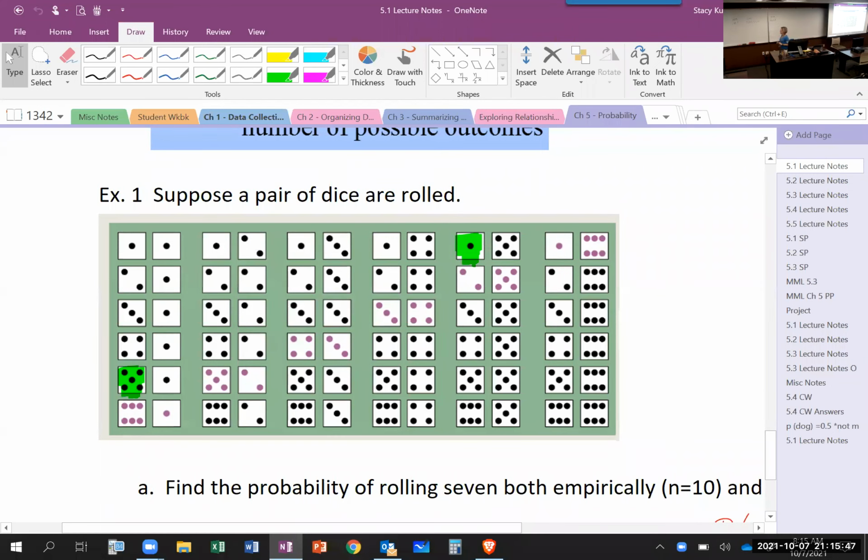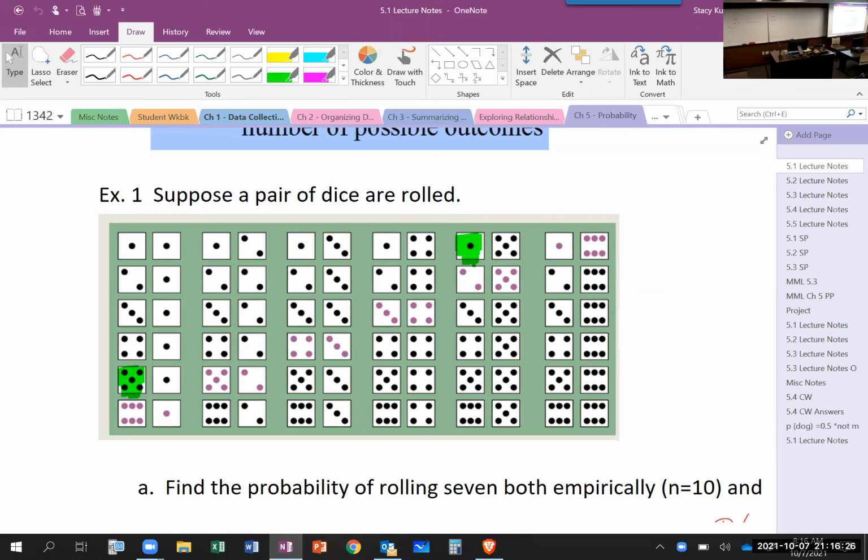If I want to know the probability of rolling a 7, there are how many ways? These are all the outcomes of rolling 2 dice. Does everybody agree that it's 6 ways to roll a 7? We have a 1 and a 6, a 5 and a 2, a 4 and a 3, a 3 and a 4, a 2 and a 5, and a 6 and a 1.